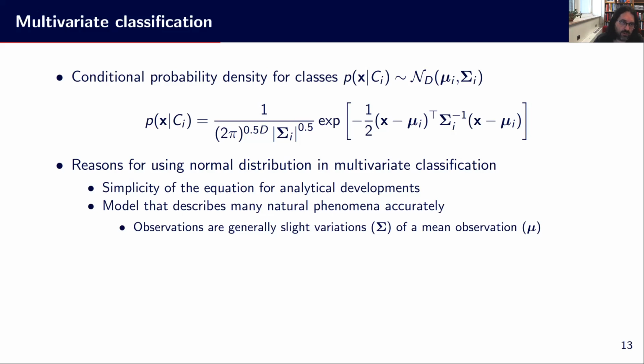Often we are observing things that are similar, from the same kind of things, but with slight variations. So we can say we have a mean representing values for that concept, and we have slight variation around it, and the spread, or how they are distributed around the mean observation, is described by the sigma. So the sigma gives us that shape around the mean value. And it's a robust model.